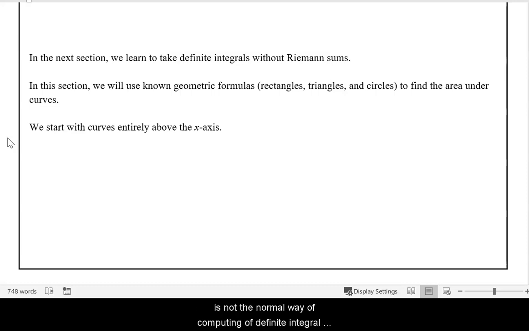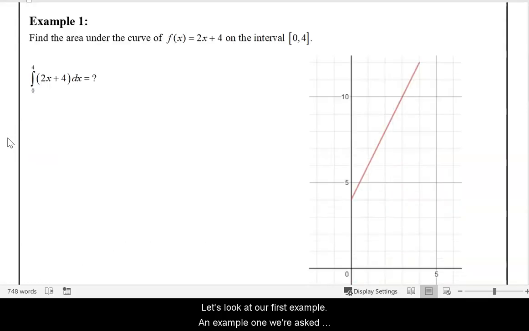This is not the normal way of computing a definite integral. However, we need the fundamental theorem of calculus to be able to get around that. We're going to start with curves that are entirely above the x-axis, but we will also look at some that extend above and below. Let's look at our first example.